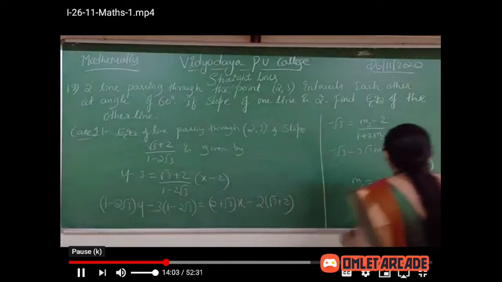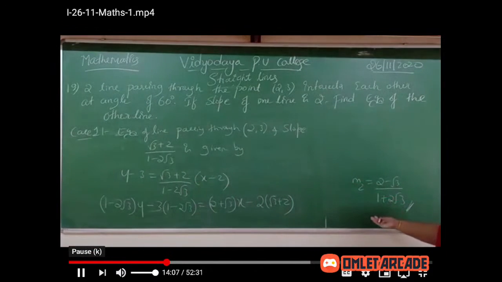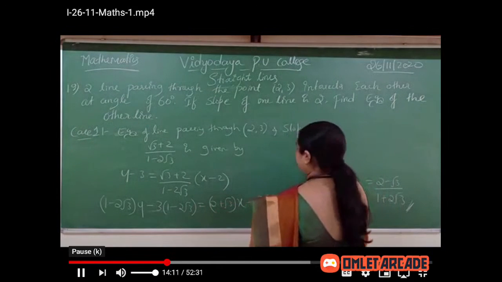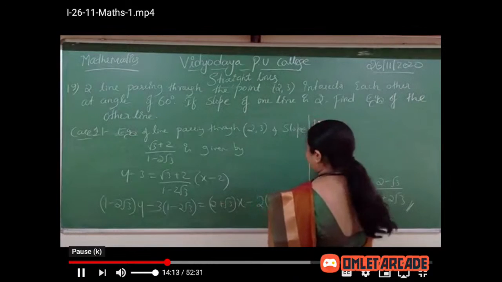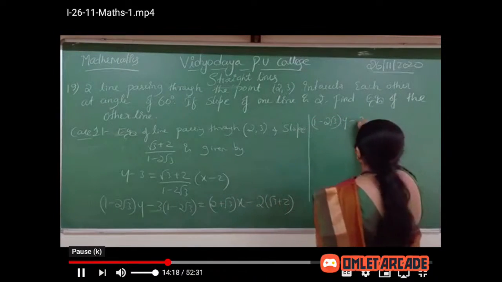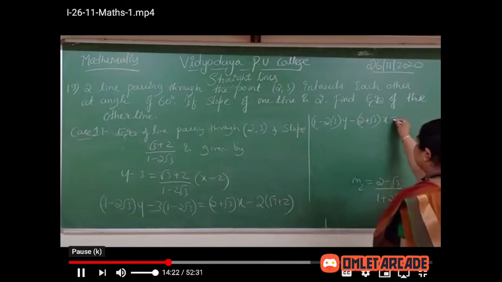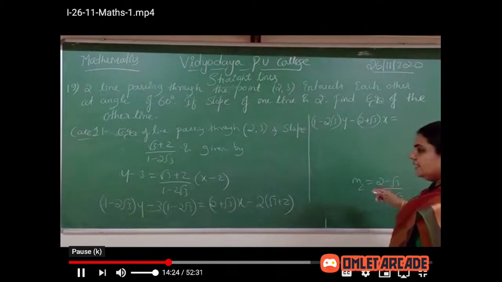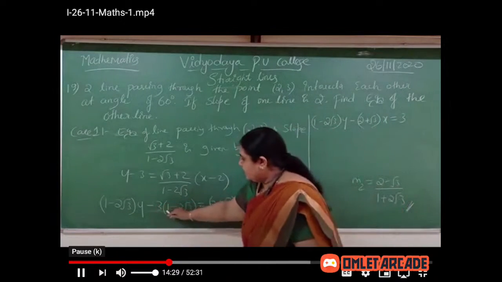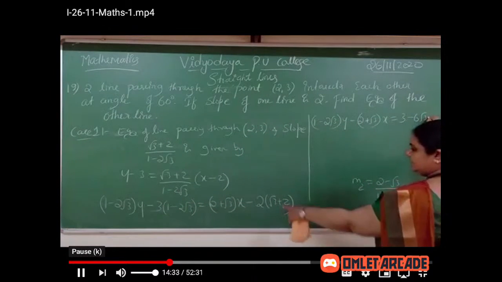Let me continue here. And remember the second case, what you are using as the slope for the second case. So when you do this, what you will get? 1 minus 2 root 3 y minus 2 plus root 3 x is equal to, is it 3? I am multiplying this. Okay? 3 and minus 6 root 3.